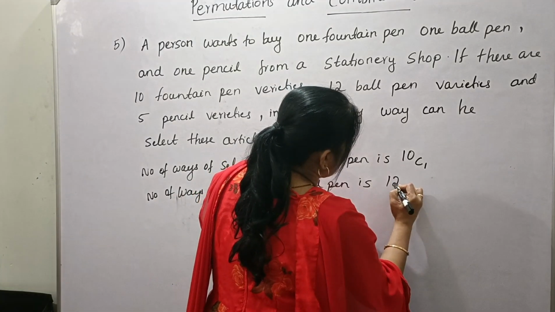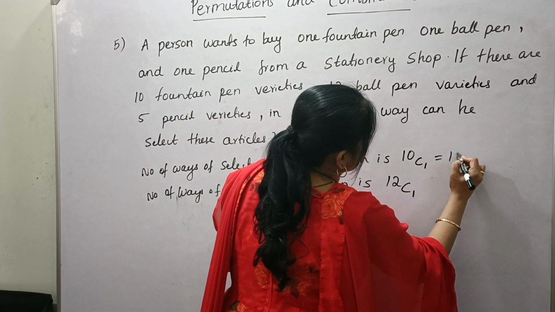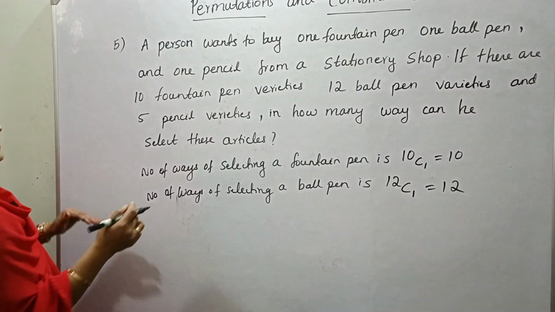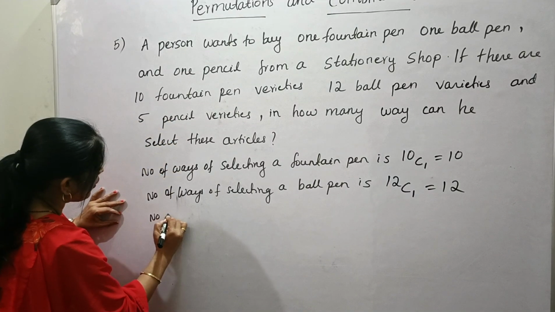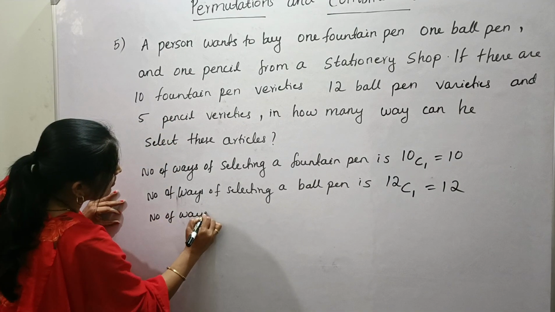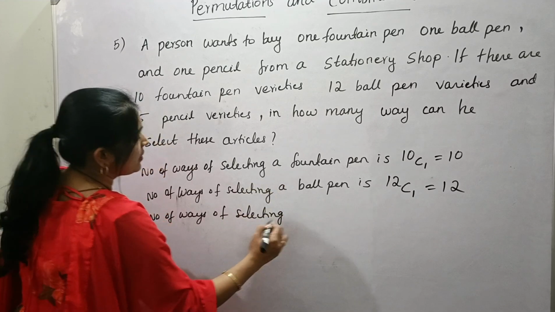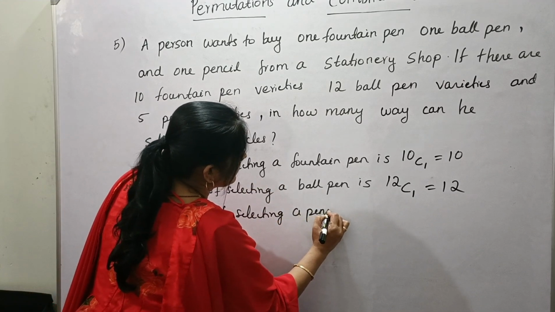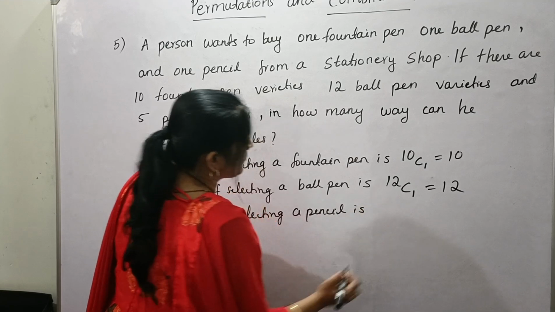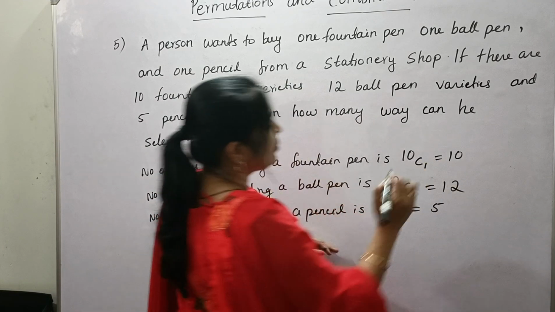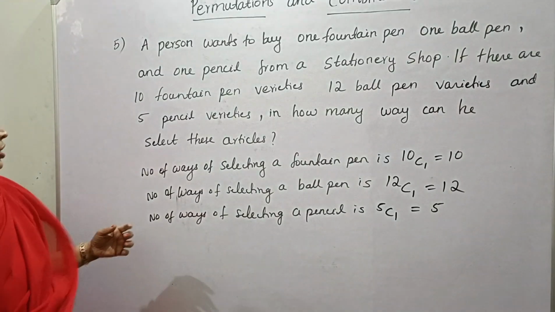That is 12C1, that is equal to 12. Next, pencils. Number of ways of selecting a pencil is 5C1, that is equal to 5, okay, 5 itself.